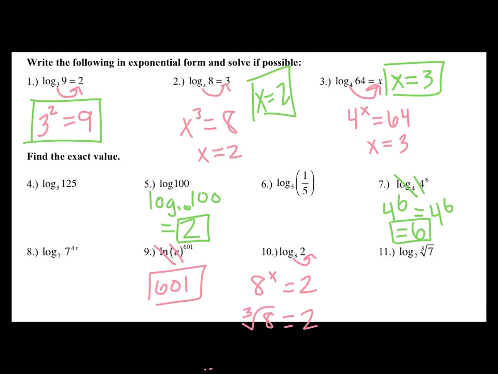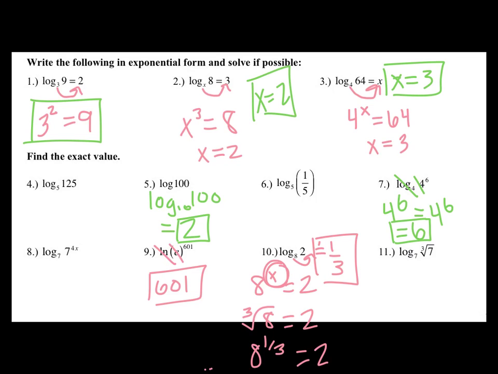So based off your knowledge of rewriting radicals, we could rewrite 8, or the cubed root of 8, as 8 to the 1/3 equals 2. So what does that exponent have to be? 1/3.